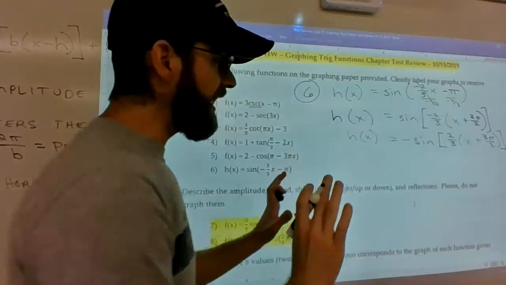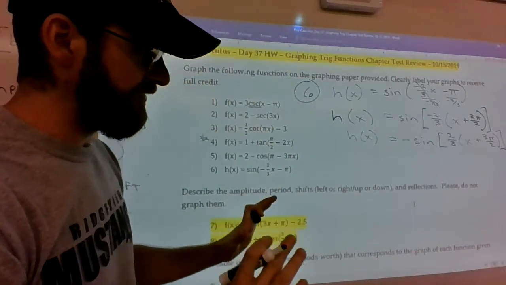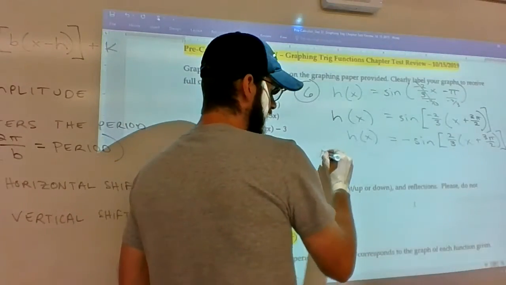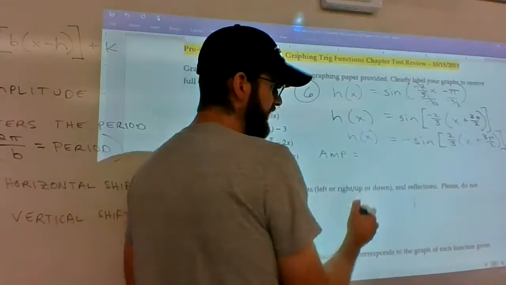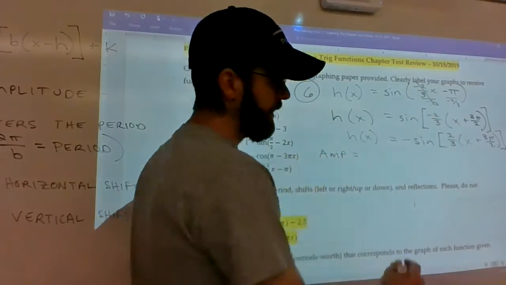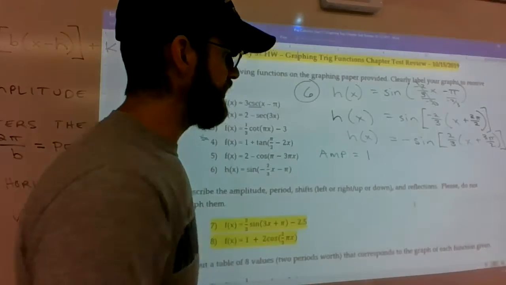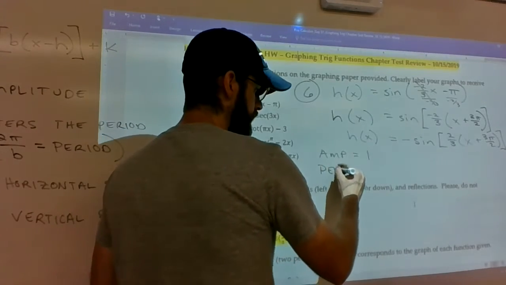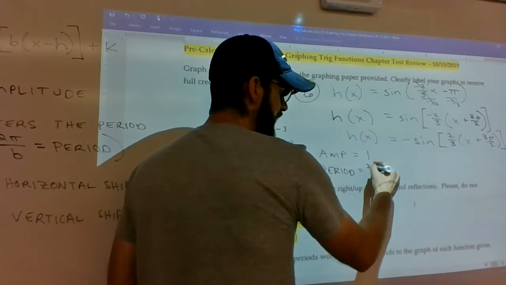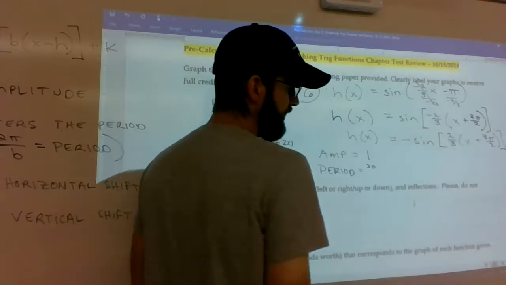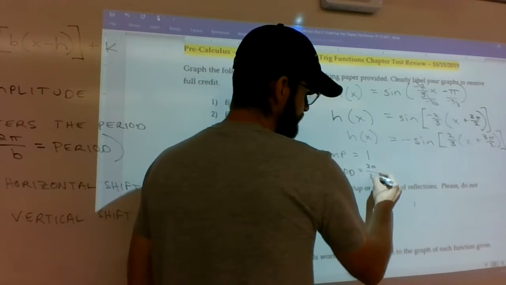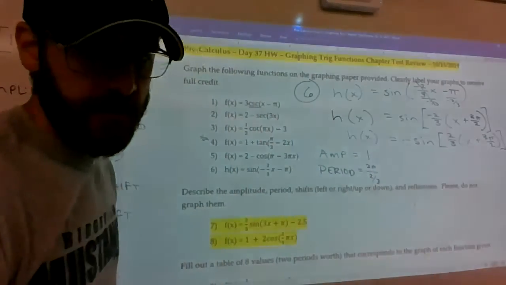All right, so we've got it in the form that allows us to think things through. Our amplitude is going to be, again, the absolute value of negative 1. The period is going to be 2 pi divided by b. Our 2 pi divided by b is 2 pi over 2/3.